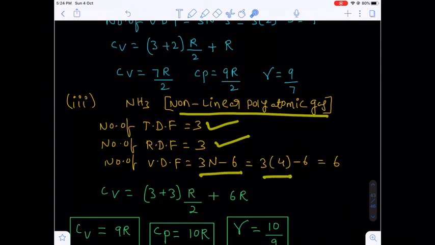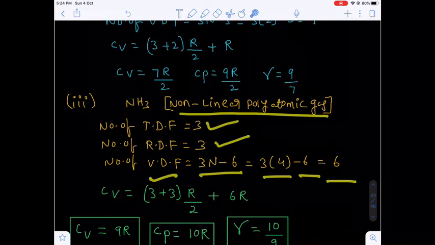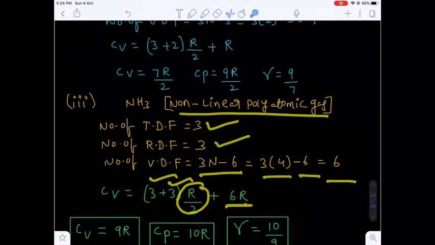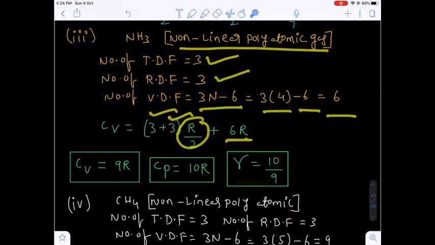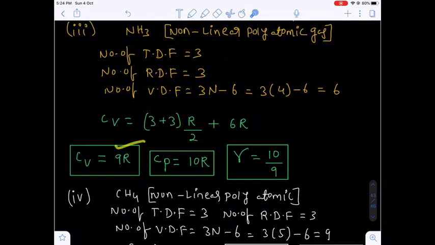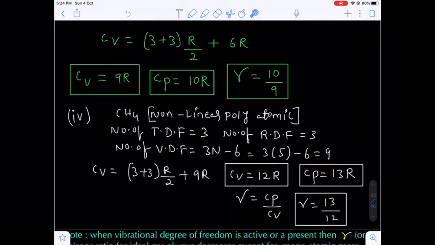How much? 3 plus 1, 4. 4 3s are 12, 12 minus 6, 6. So 3 translational plus 3 rotational into R by 2, plus the remaining 6, which is the vibrational degree of freedom, into R, that will be 6R. So the CV value is 9R and the CP value is 10R. So gamma will be 10 by 9.